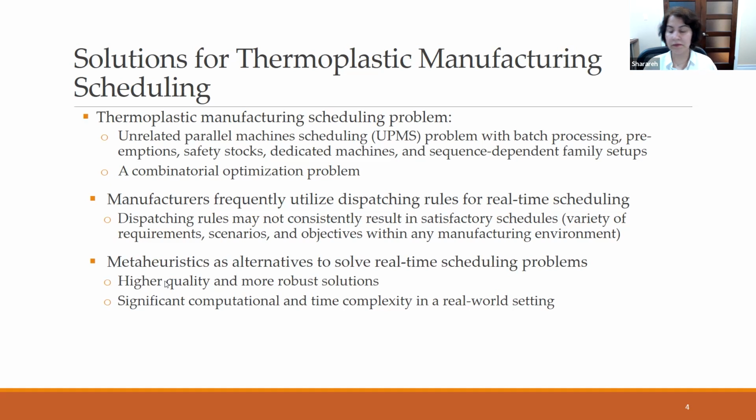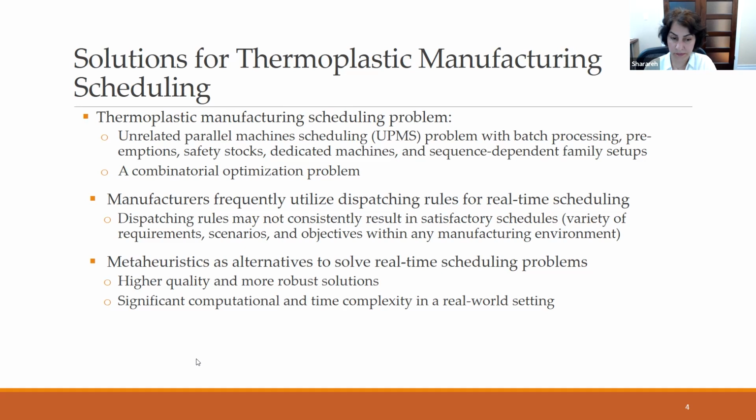Another alternative would be utilizing metaheuristics, which of course can provide higher quality and more robust solutions. But the problem with metaheuristics is the increased complexity and computational time when we go to a real-world setting, where we are dealing with a large number of machines and larger numbers of products to be scheduled.